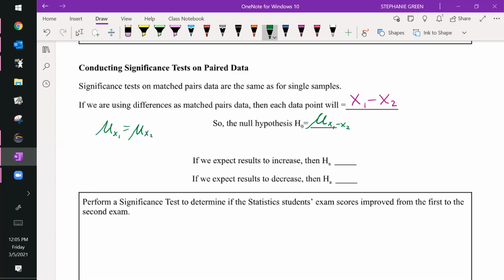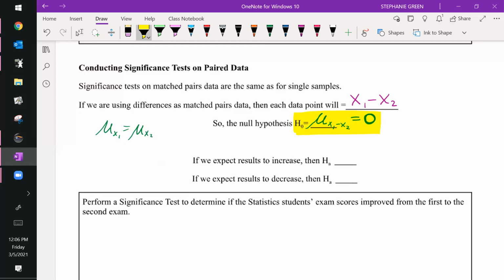Nothing would get better, nothing would get worse. It'd be just the same. Okay, so if I subtract these two things that are equal from each other, we get 0. So for matched pairs data, when we are doing a significance test, H naught will always be that the difference is 0, meaning there is no difference between the two sets of data where two different treatments are imposed.